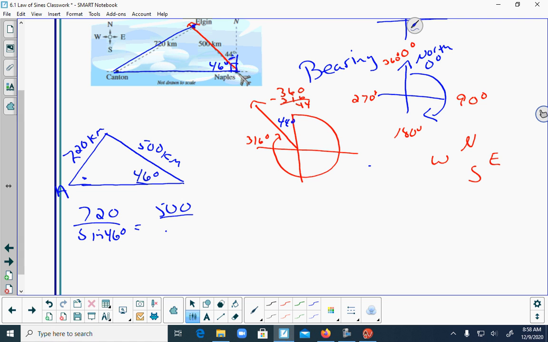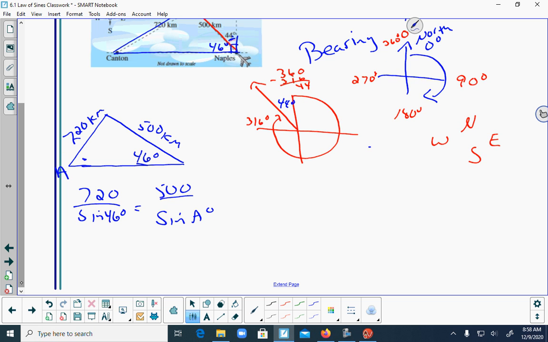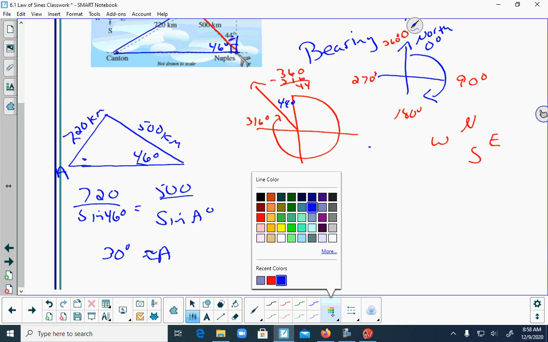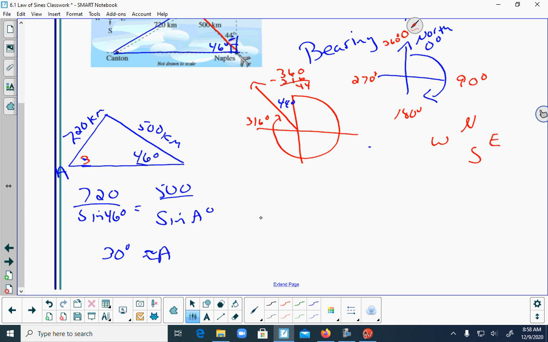When I cross multiply and solve, I get A equal to 29.97. I'm going to just call that 30 degrees. So this angle here ends up being 30 degrees. I hope that's not a problem.